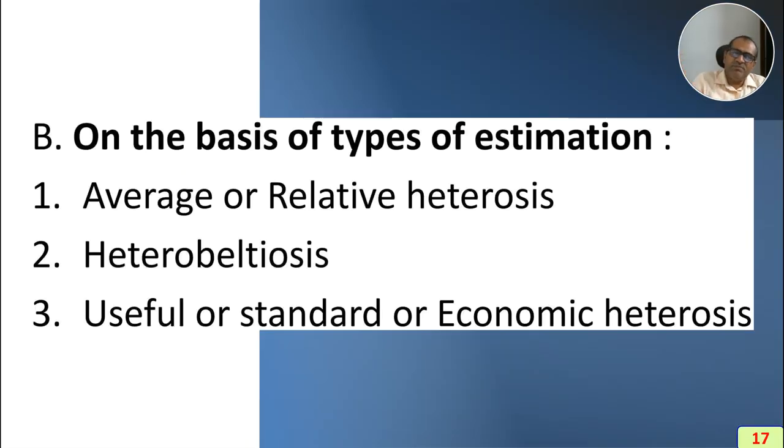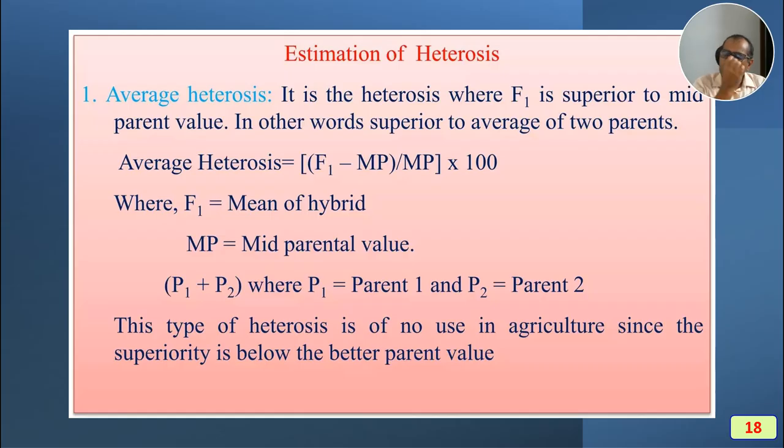On the basis of estimation, heterosis has three classifications: average or relative heterosis, heterobeltiosis, and useful, standard or economic heterosis. There are varieties of formulae to calculate the average heterosis, where F1 is superior to the mid parent value, in other words superior to the average of the two parents.